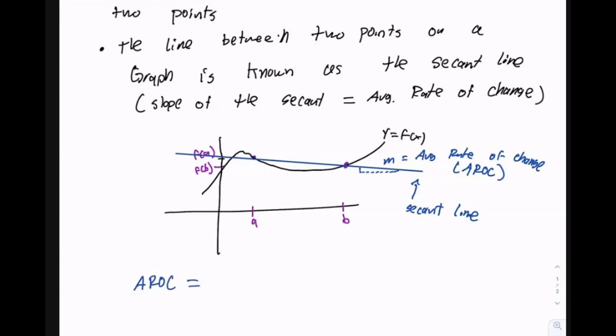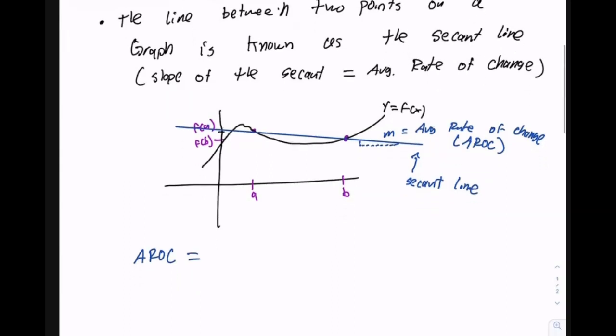Does anybody know what is the traditional formula for the slope between 2 points using function notation? So we're looking at using function notation, a, b, f of b, and f of a. Basically, all right, got it?